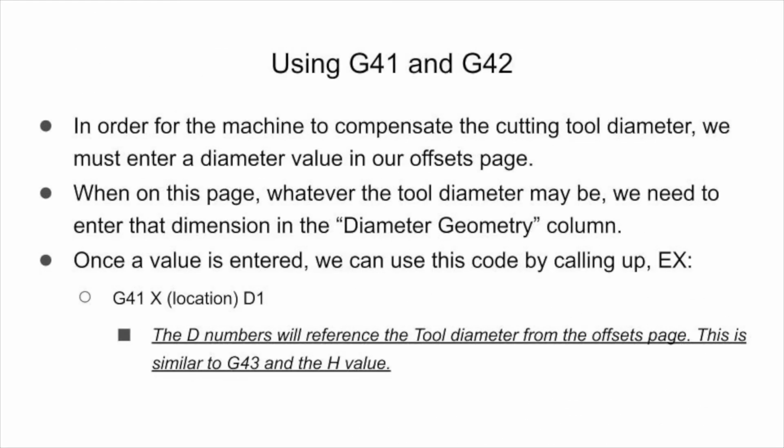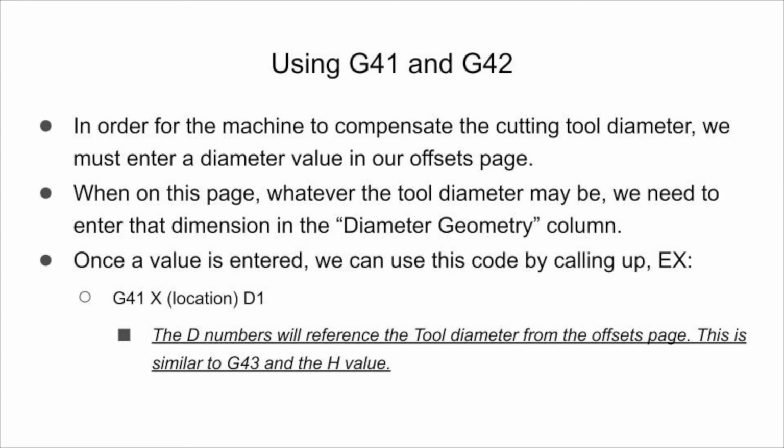So in order to use G41 and G42 correctly, the machine needs to know the diameter of the tool to compensate for the radius. So what we do is we enter a dimension under the diameter geometry column in the tool offsets page.